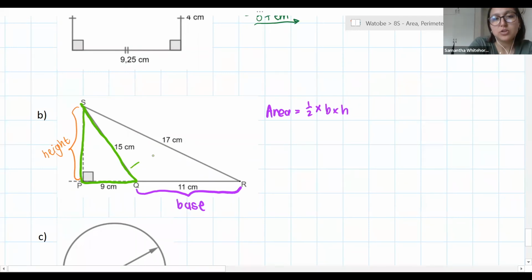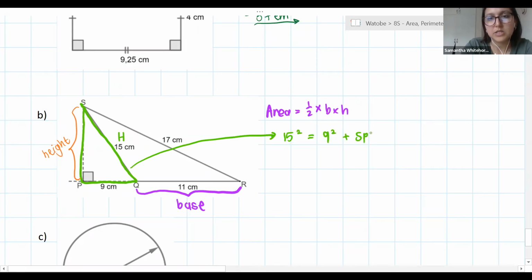So if I look at this triangle here, I have the hypotenuse. So I just need to be careful. And I'm looking for one of my other sides. So 15 squared is equal to 9 squared plus SP squared, or you can say height squared, really doesn't matter.